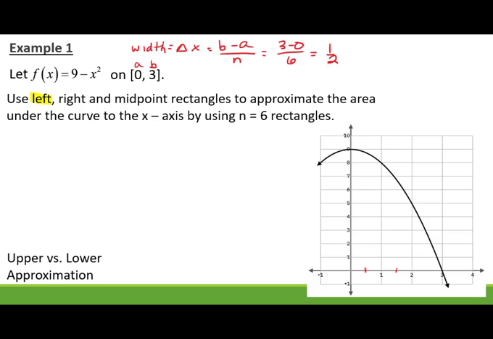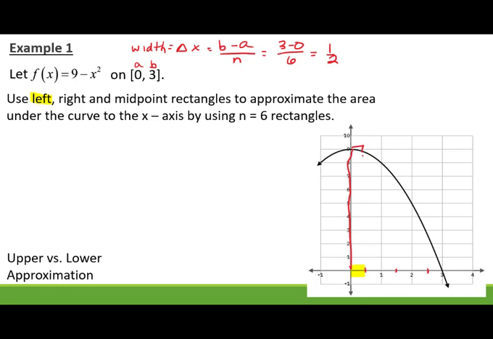Now if I'm doing left, here's my first interval. Let me highlight that for you. I go to the left point of that interval and I draw up my rectangle. I'm going to redraw my rectangle. I apologize, that's going to cut into some time. So I go to the left point of my interval and draw my rectangle.